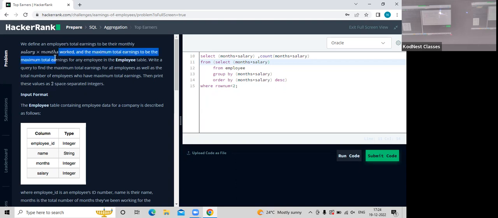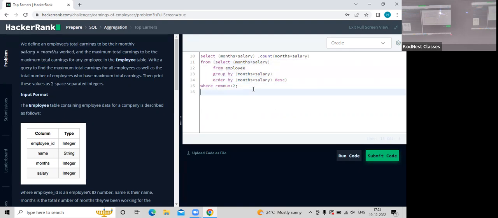Salary into months they have worked. That will be the total salary. Are you getting it? Maybe what I can do is from this, whatever I will get this output, right?